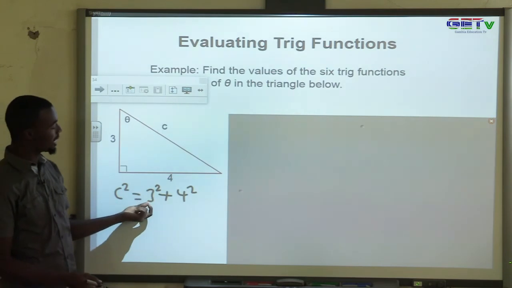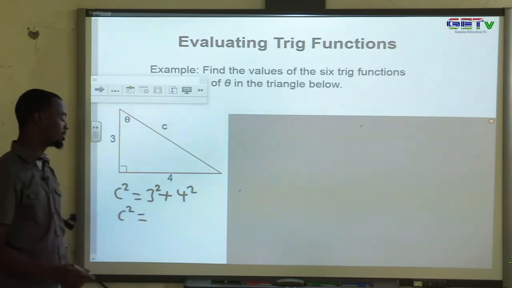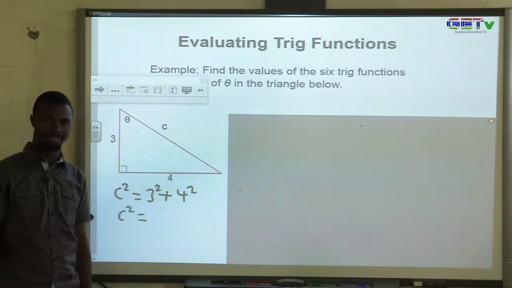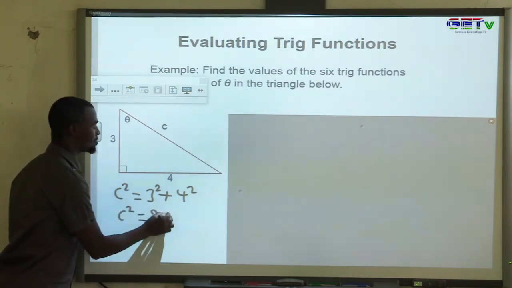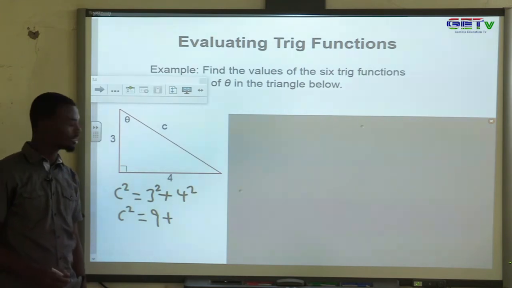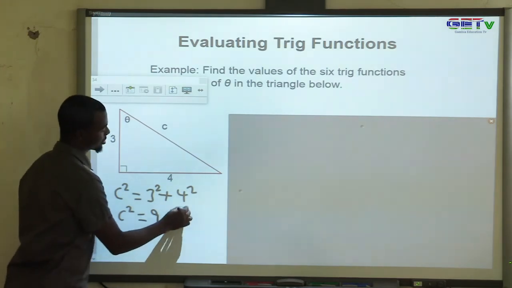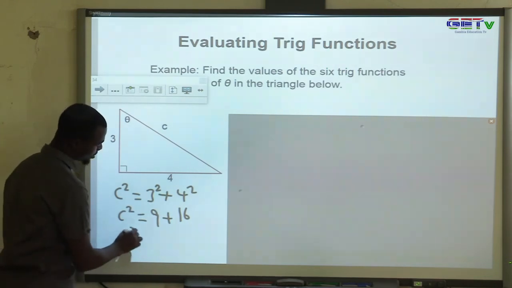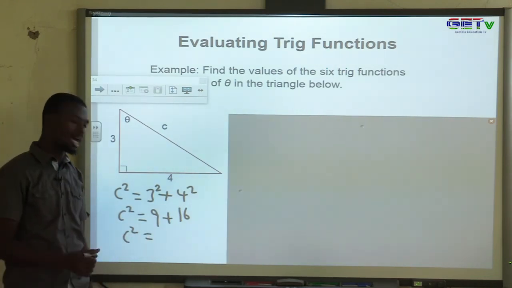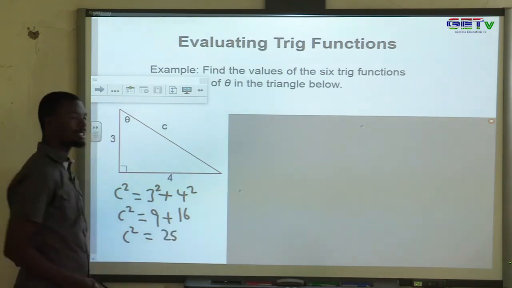Now we will find 3 square and 4 square. So we will have C square is equal to 3 square, which means 3 times 3. 3 times 3 will give you 9, plus 4 square is 4 times 4, and 4 times 4 is 16. So we will continue. We said C square is equal to 9 plus 16. 9 plus 16 is 25.